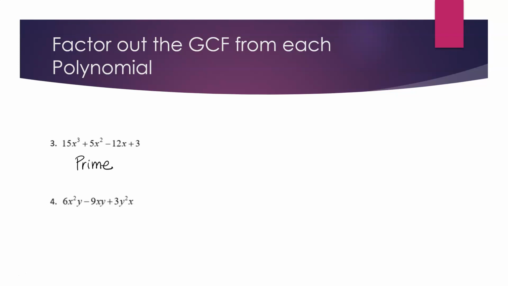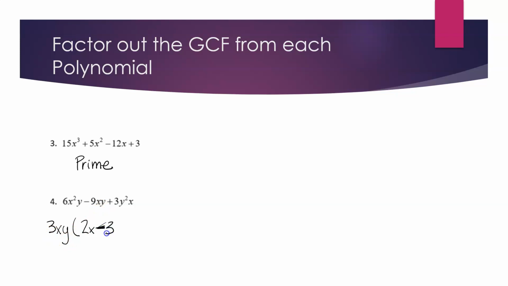All right, number 4: 6x squared y minus 9xy plus 3y squared x. Obviously we have a 3 that we can pull out of all of them. All of them have an x, and the highest power that you can pull out of all of them is 1. They all have a y, and the highest power you can pull out is 1. So 6x squared y divided by 3xy is 2x. Negative 9xy divided by 3xy is negative 3.